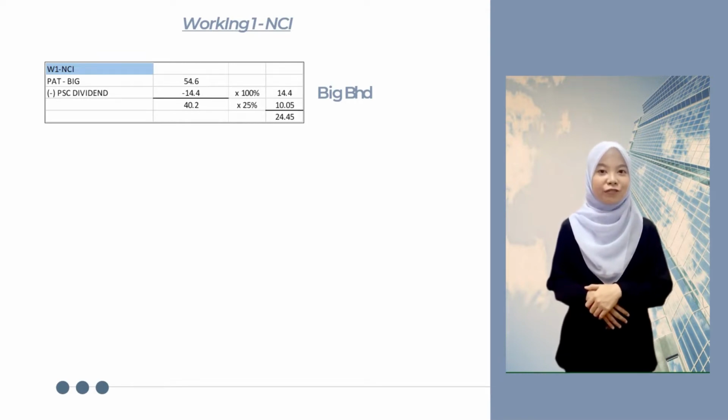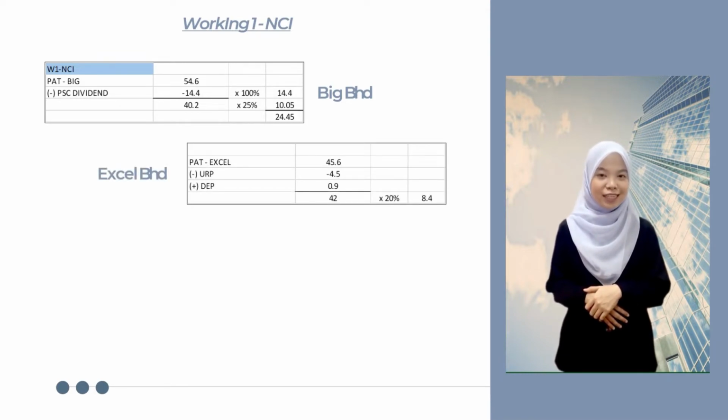Next, the PAT of XL Berhad of 45.6 million will be deducted with the unrealized profit earned of 4.5 million from the disposal of motor vehicle. Then it will be added with the depreciation over provided of 0.9 million. The remaining PAT of 42 million is multiplied with XL's NCI portion of 20%, and therefore the NCI of XL will be 8.4 million.